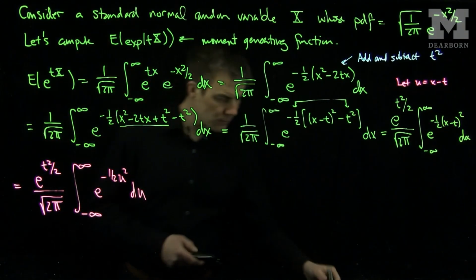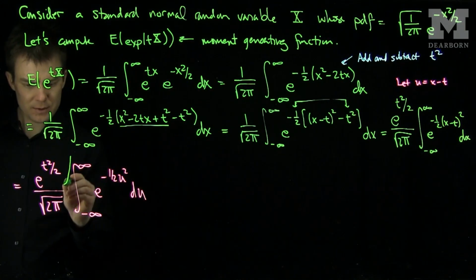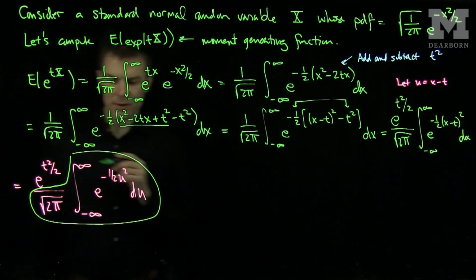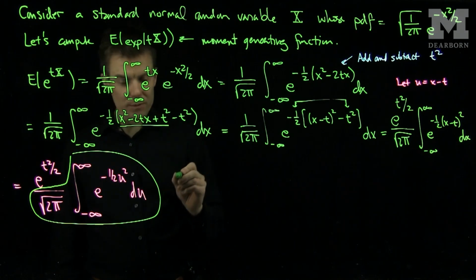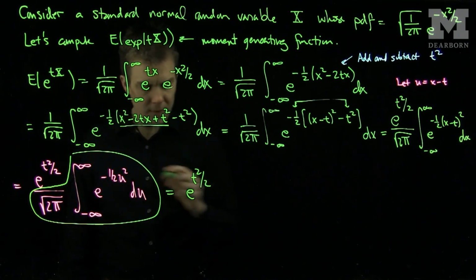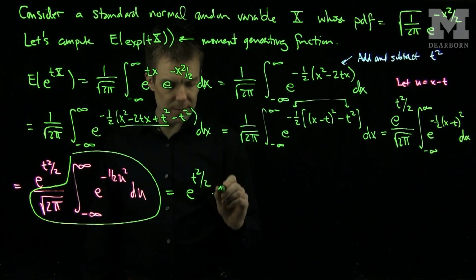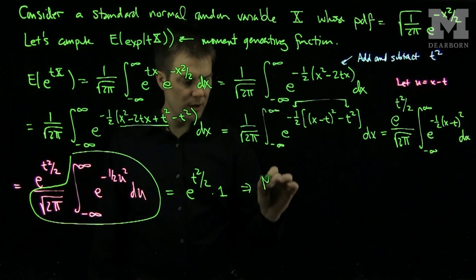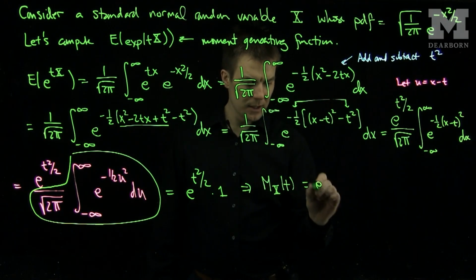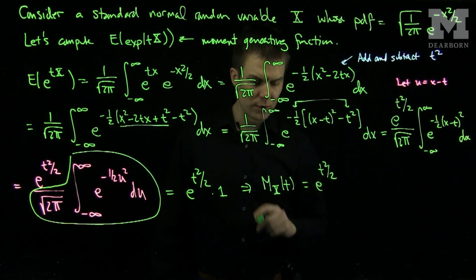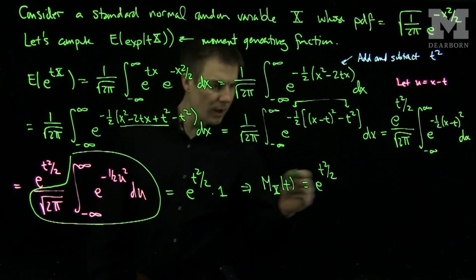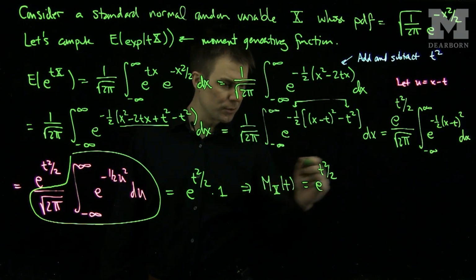And now we observe that this expression over here is just the integral over the entire line of the PDF of a normal random variable. So this must be 1. So this will be e to the t squared over 2, and then we will have a times 1. And so that says that the moment generating function of x at t is e to the t squared over 2.